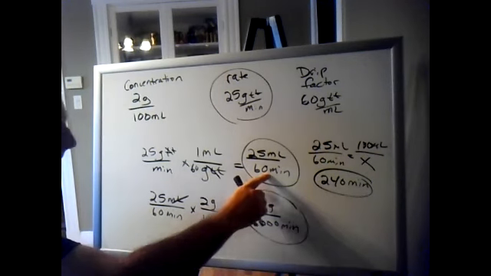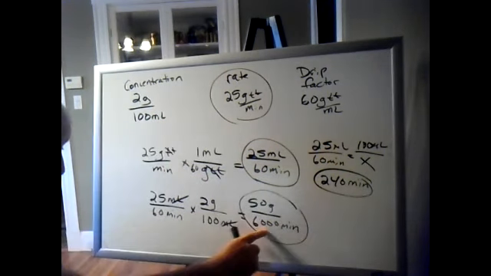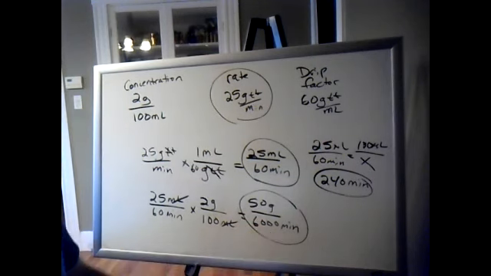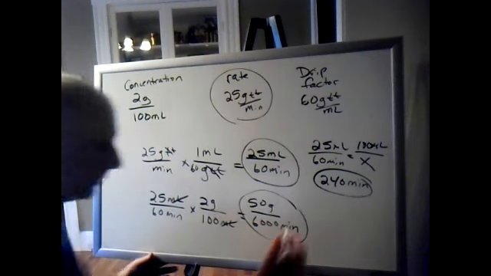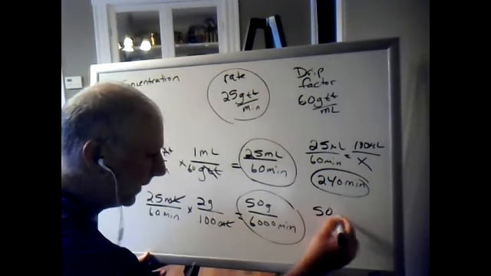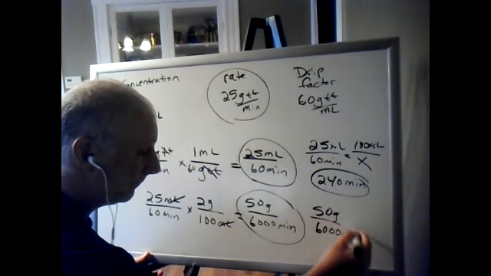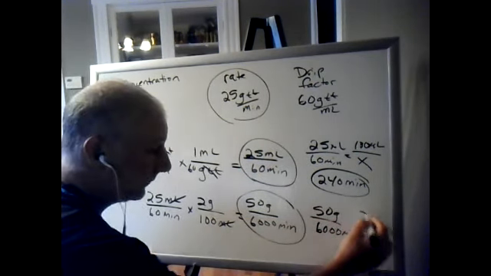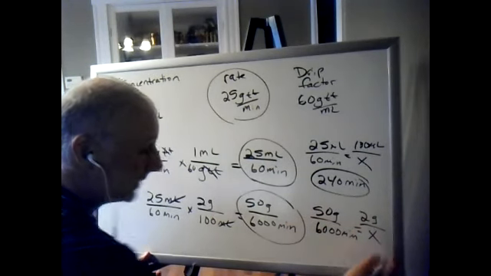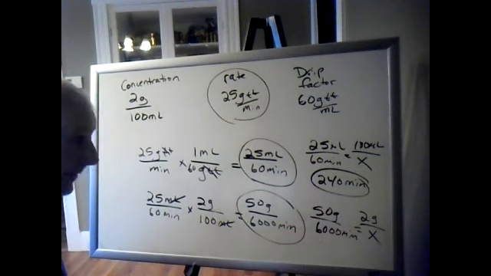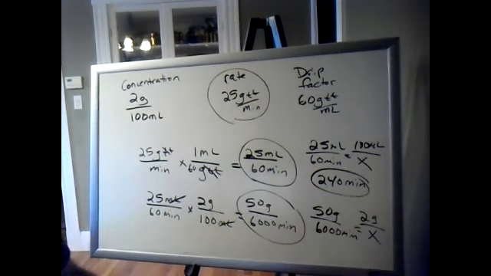I could have done the same thing with the 50 grams in 6,000 minutes. And I want to find out how long. Well, if I used 50 grams is 6,000 minutes, 2 grams is how long. And if I do 2 times 6,000 divided by 50, I'll still get 240 minutes.